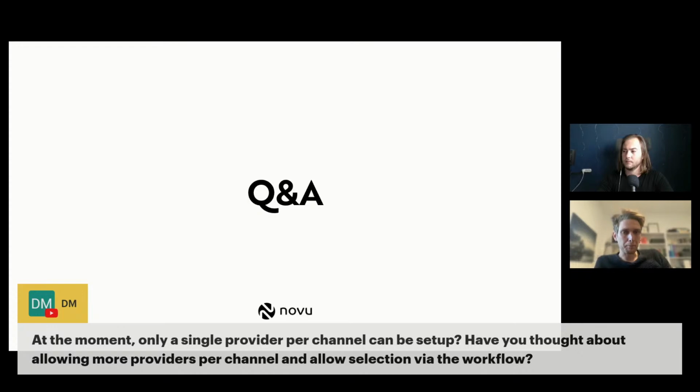As you mentioned, for now only the chat and push channels allow you to set up multiple providers, but the email and SMS channels only allow a single provider. We have an open issue for this. It's not something in the very near term in our planned scope of work.